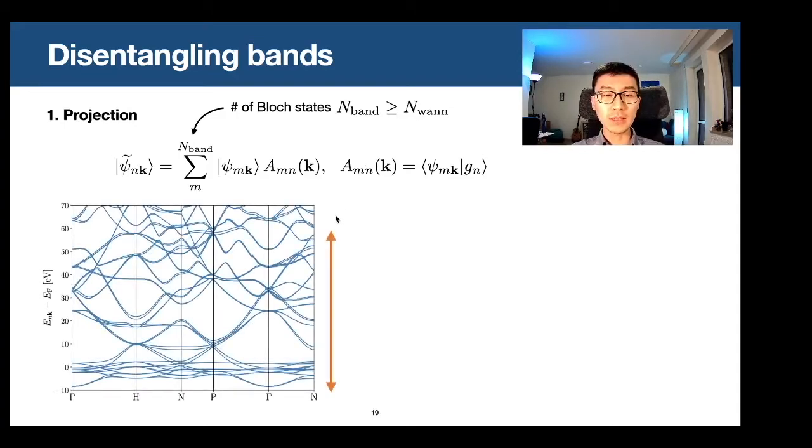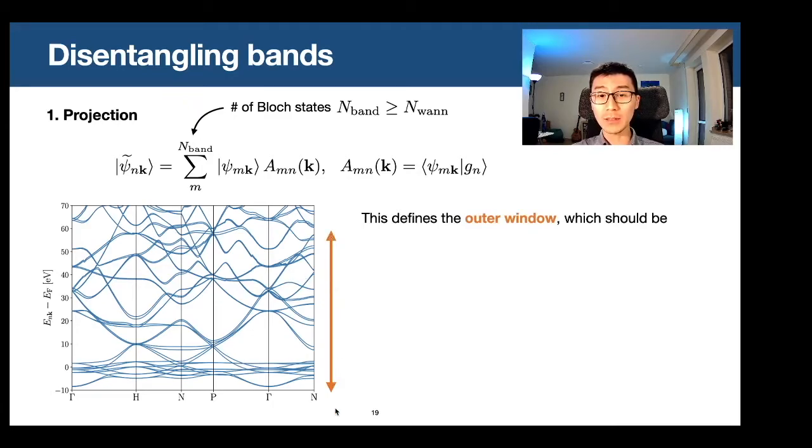For example, this is the example that I'm going to deal with, BCC iron. I'm going to cover this range of the energy window, and I'm going to use these Wannier functions to obtain Wannier functions from this energy range of Bloch functions. And there is a notion of the outer window.